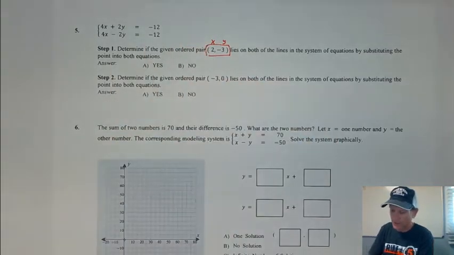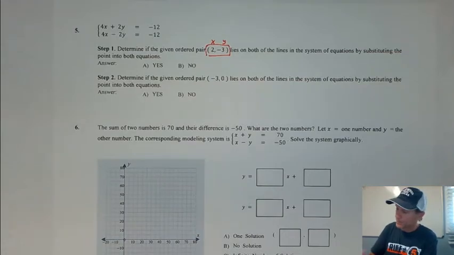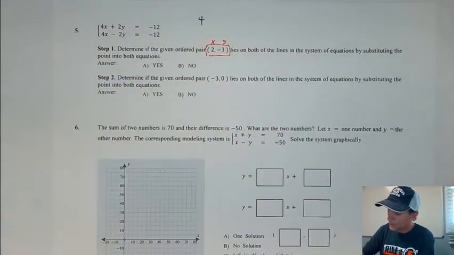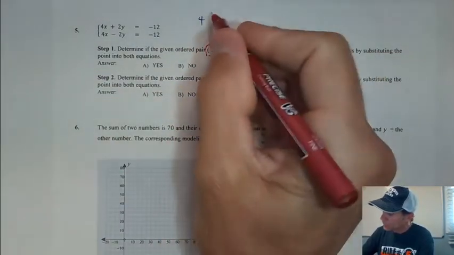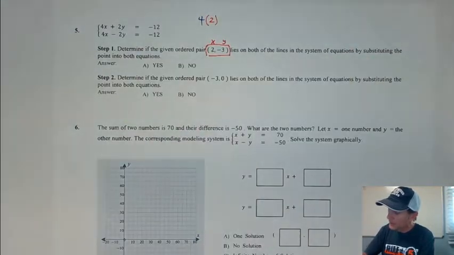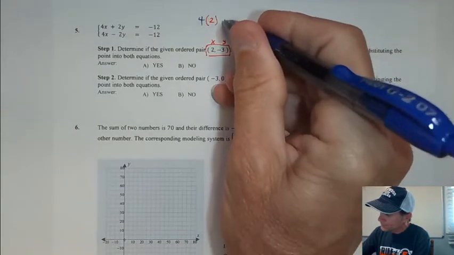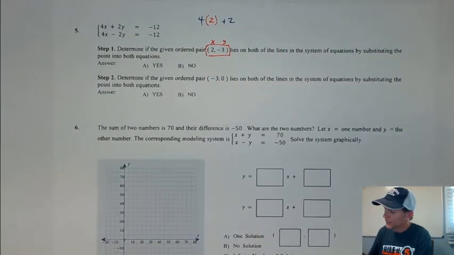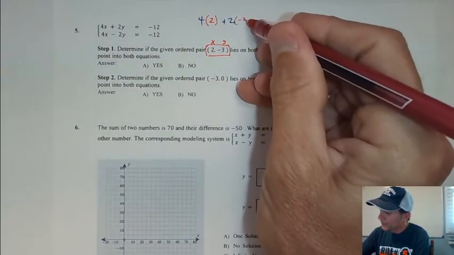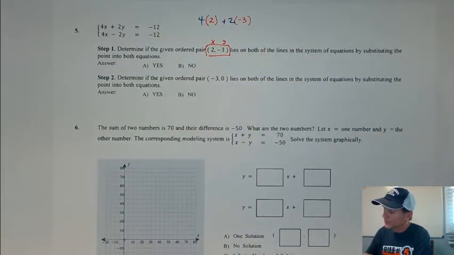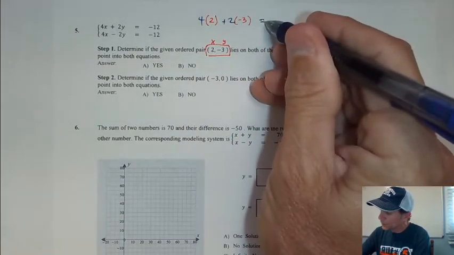So looking at the first one, alright, 4, and then I'm going to put this 2 value in for x, and then I have plus 2, and then I'm going to use -3 for my y value. And what I'm doing is I'm testing whether this equality holds true here.